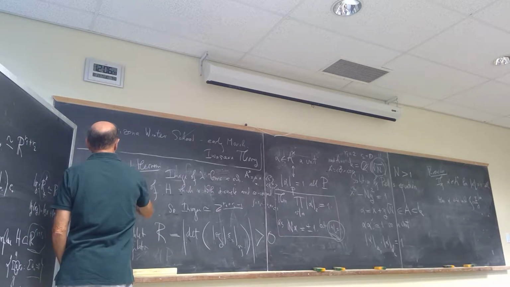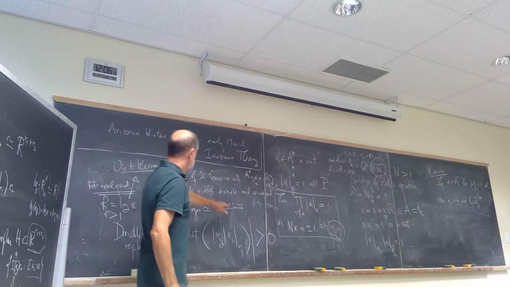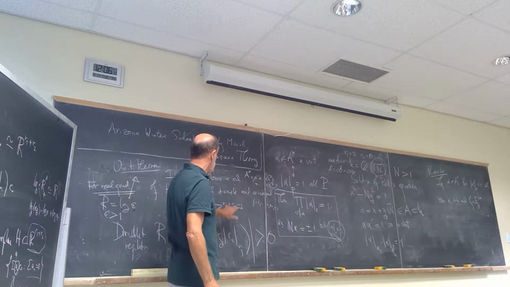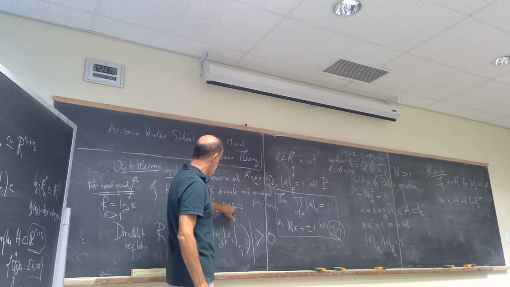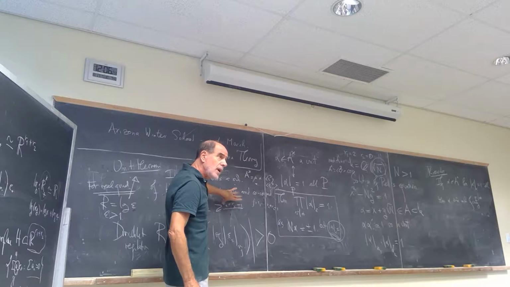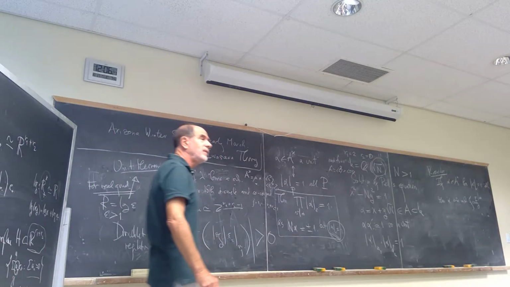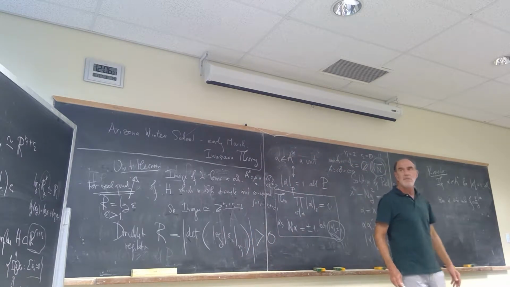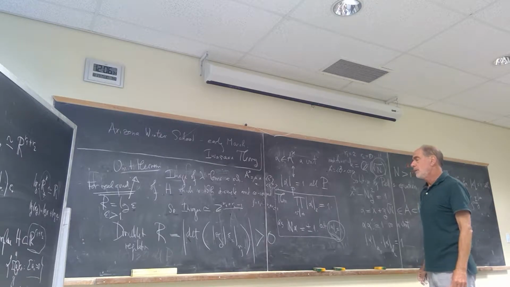For the rational numbers, R1 is 1 and R2 is 0, so this is 0. For imaginary quadratic fields, R1 is 0 and R2 is 1, so this is also 0. And you say that the regulator is 1. The determinant of a 0 by 0 matrix you declare to be 1. I don't know, it's the product over the empty set.